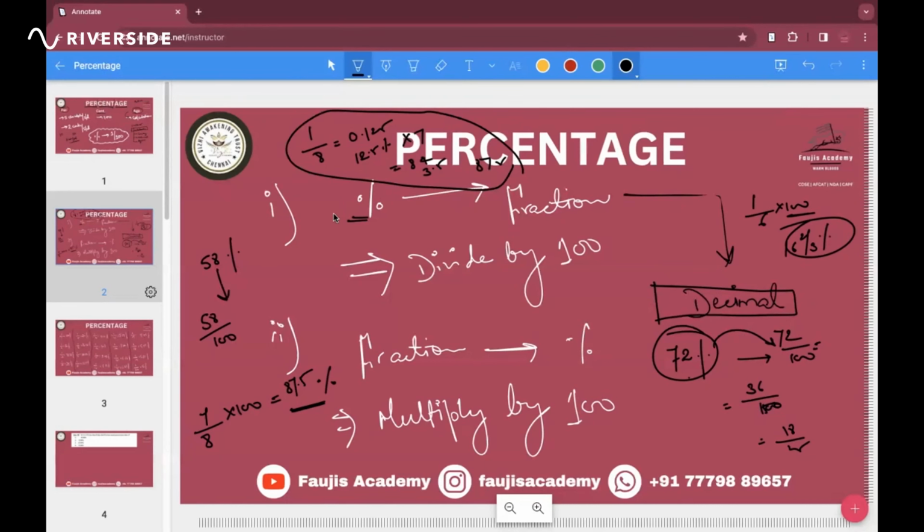I have done nothing but just to make my life easier. I've done the calculation in a different way. That is called speed math, basically. So that's what I have done.